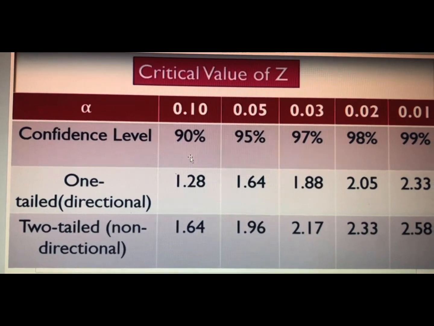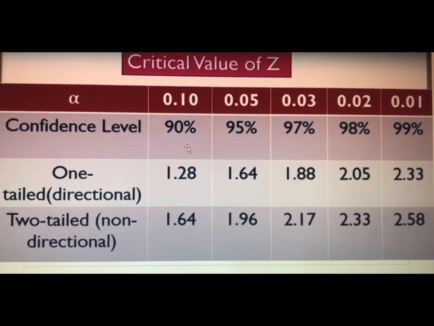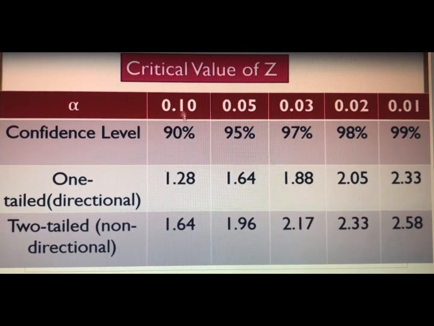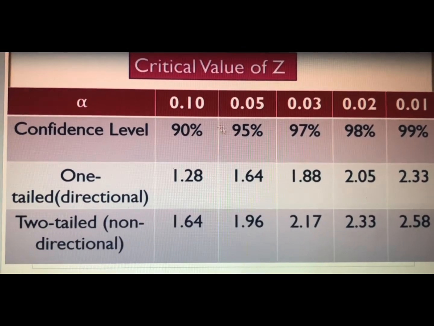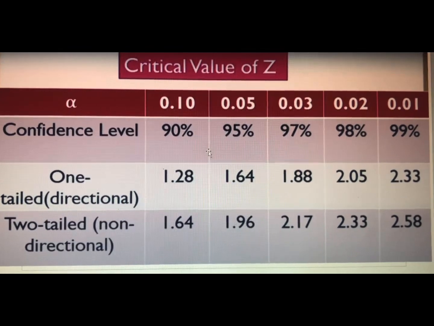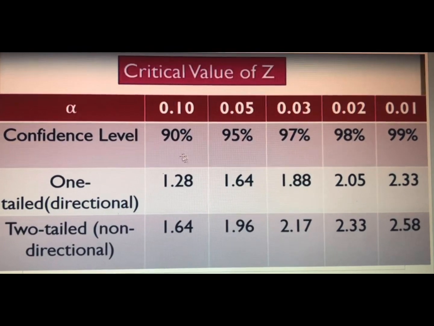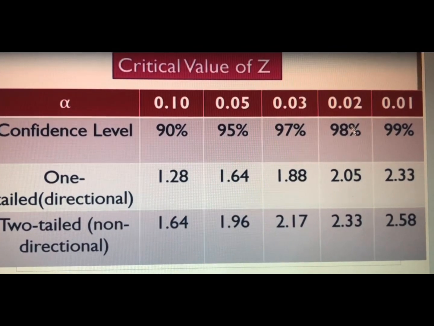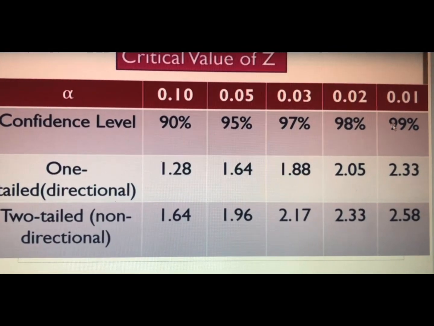Ganun po ang pagkakuha natin. Or 1 minus 0.10 is 0.90 times 100 is equal to 90%. Mapapansin nyo, meron tayong 90%, 95%, 97%, 98%, and 99%.